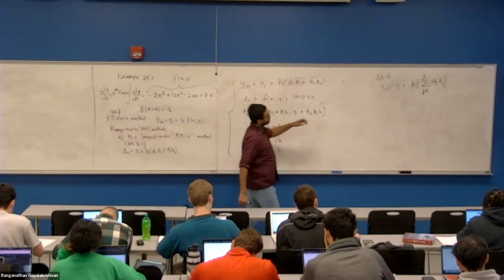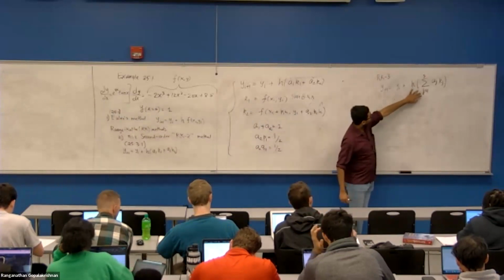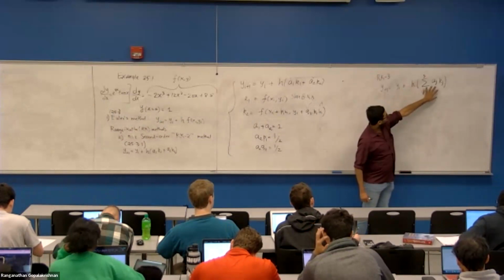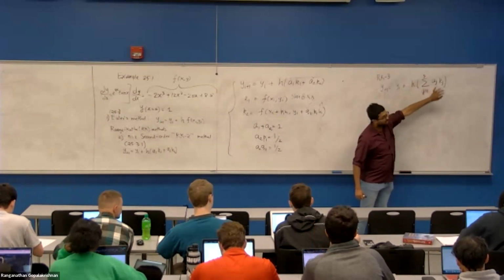The index j takes values 1, 2, and 3: a1 k1, a2 k2, a3 k3.